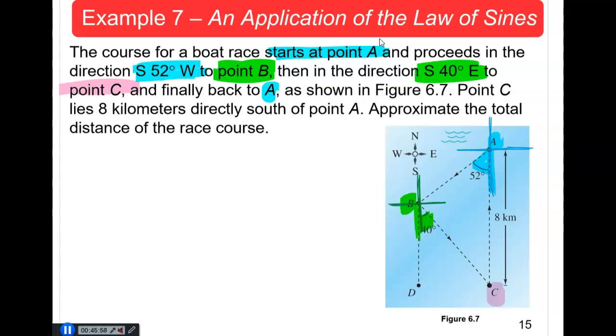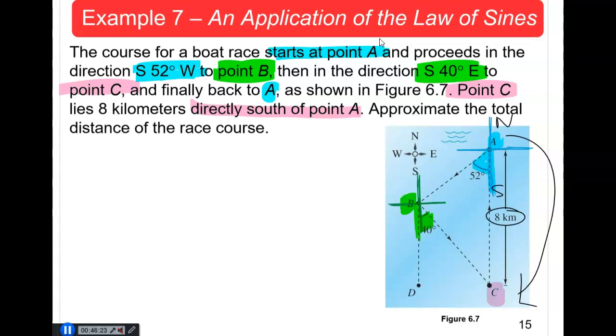And we're also told that point C lies 80 kilometers directly south of point A. So if this is our north-south line, it will be exactly 80 kilometers below. So point C is 80 kilometers south of point A. That's how we know that.